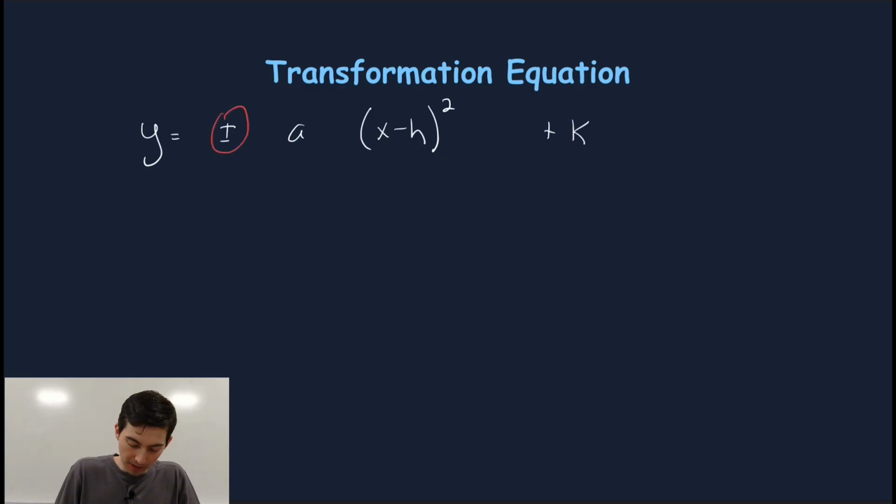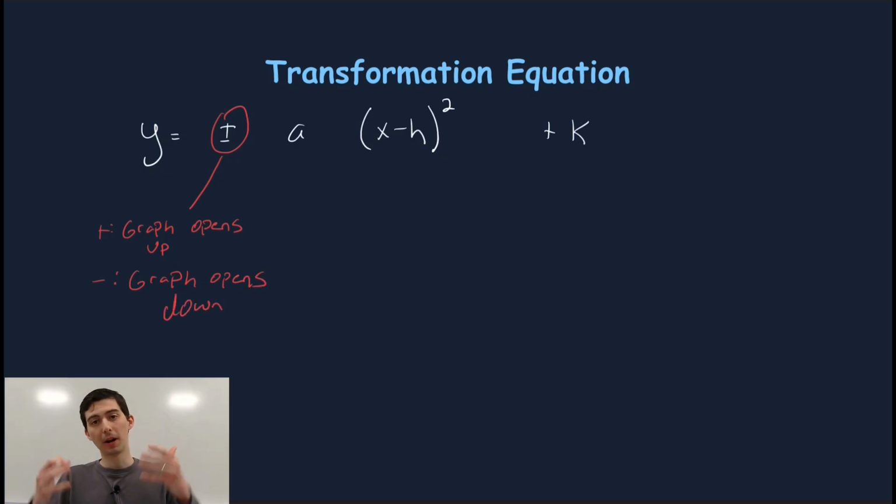So the plus or minus here, if it's positive, my graph opens up, and if I'm negative, my graph opens down, right? So we're working with parabolas, with quadratics. So if it's positive, we're going to be opening up like this, and if it's negative, we're going to open down like that.